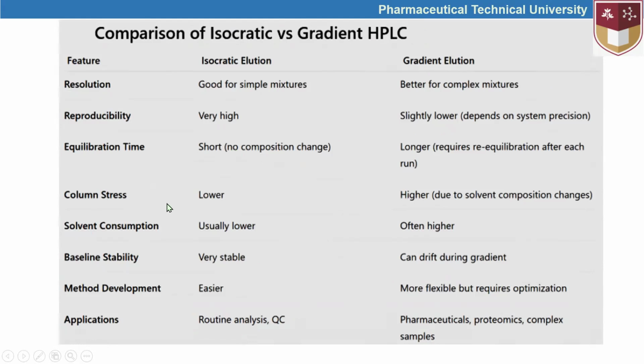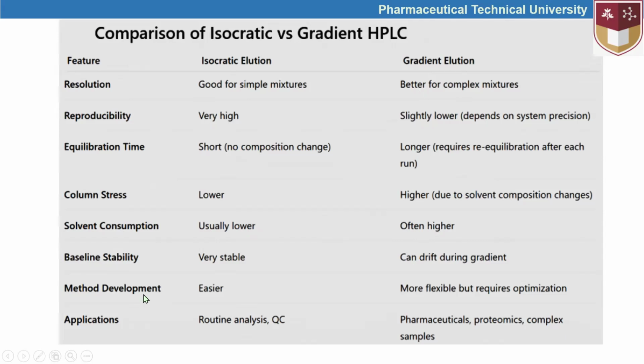Column stress in isocratic is lower, and in gradient it's higher. Solvent consumption is lower in isocratic due to the shorter time. In gradient it's often higher, often, not all the time. Baseline stability is more stable in isocratic, and in gradient we can witness some drifts.